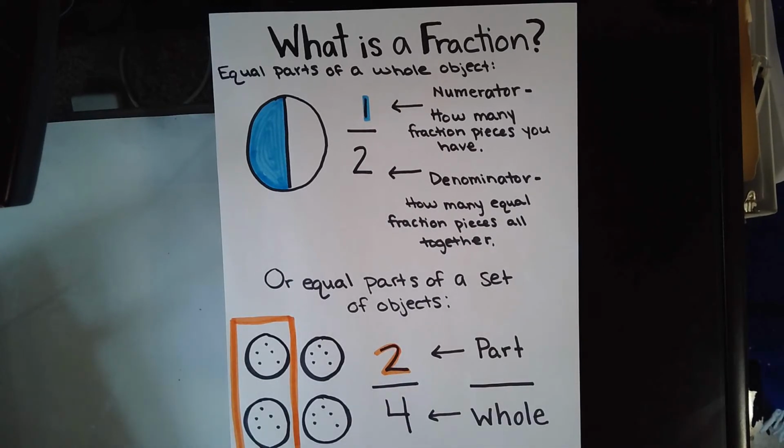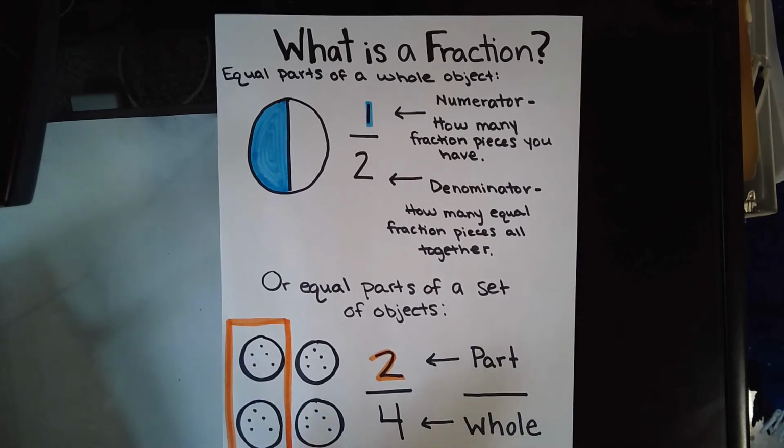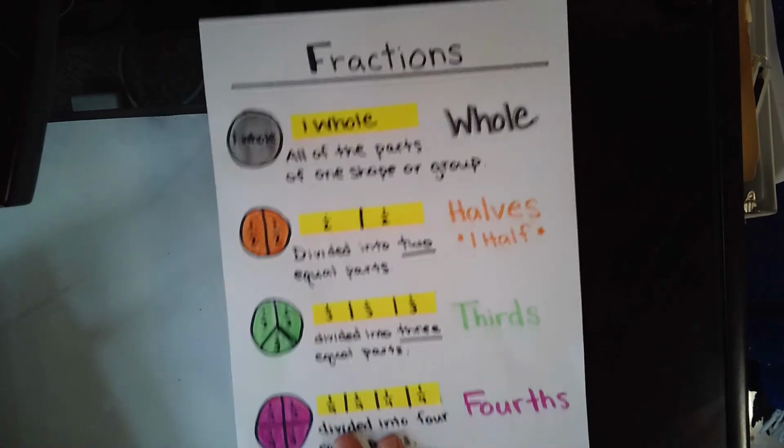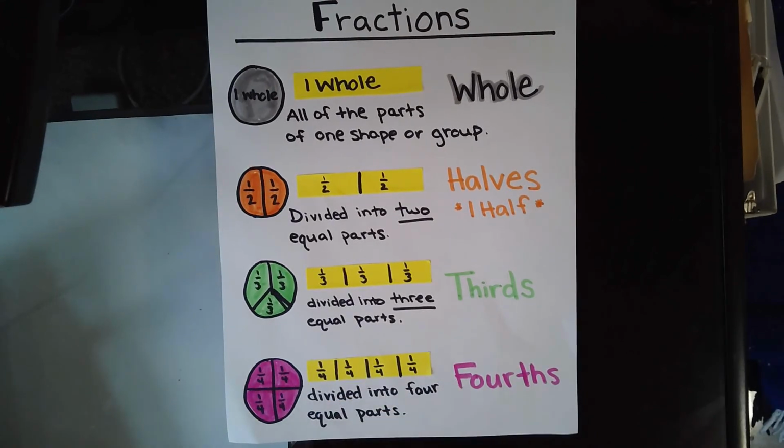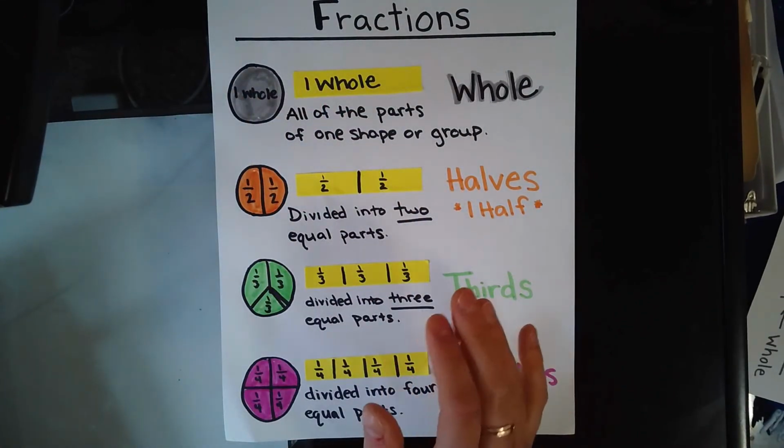So the other really big thing to think about when we're talking about fractions is the language that we use and what it's representing. So this is what is a fraction, and then looking at how we would phrase some of our fractions. When we have 1, it is known as 1 whole.